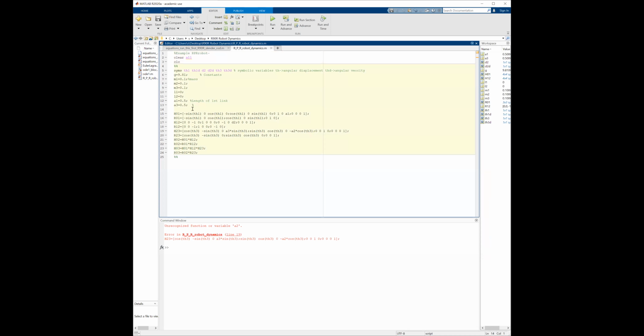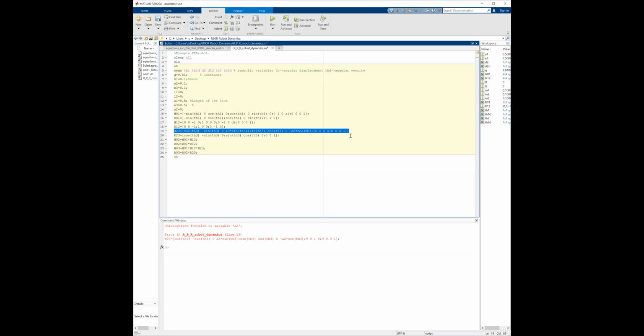okay, A2 is actually 0. H23. Yeah, there is an error here. I will just correct it. This is D2. So please make sure that you correct here.